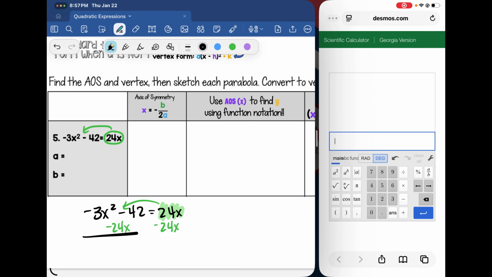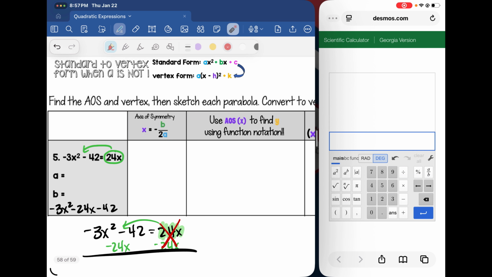Once I do that, I cannot combine all of these terms because none of them are the same. So I should get negative 3x squared minus 24x minus 42, because these cancel out, since they are opposites. Now I have my quadratic term, my linear term, and my constant.